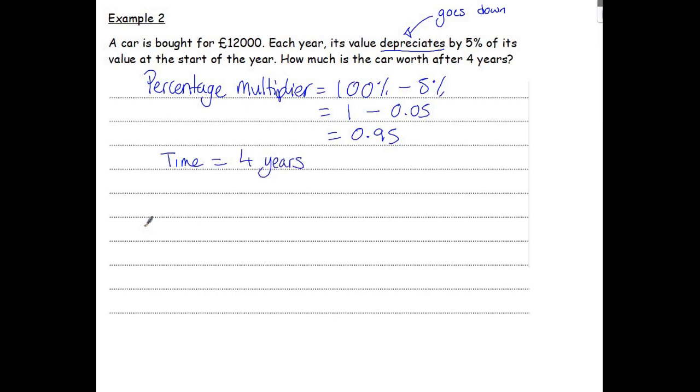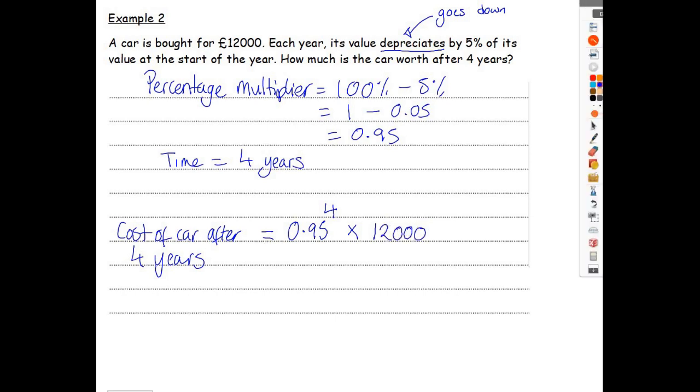So therefore, how much is the car worth? Cost of car after 4 years is going to be the multiplier, which is 0.95, to the power of however much the time is, so for 4 years the power is 4, multiplied by the amount that the car was at the start, so 12,000.